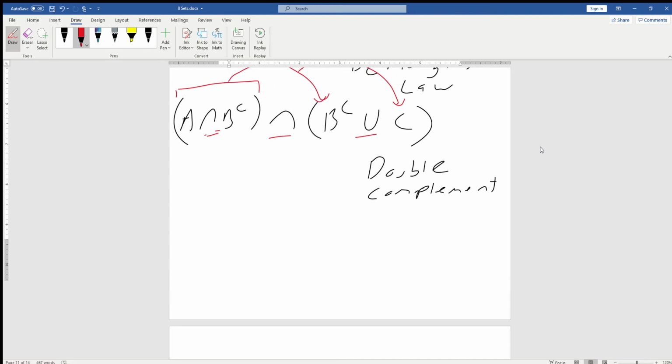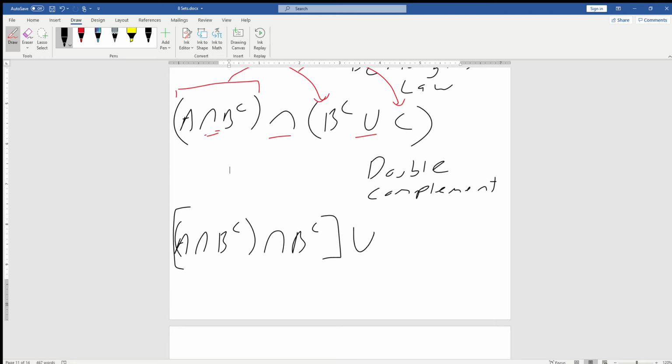So we end up with, using brackets, (A intersect B complement intersect B complement) union (A intersect B complement intersect C). That's our distributive property.